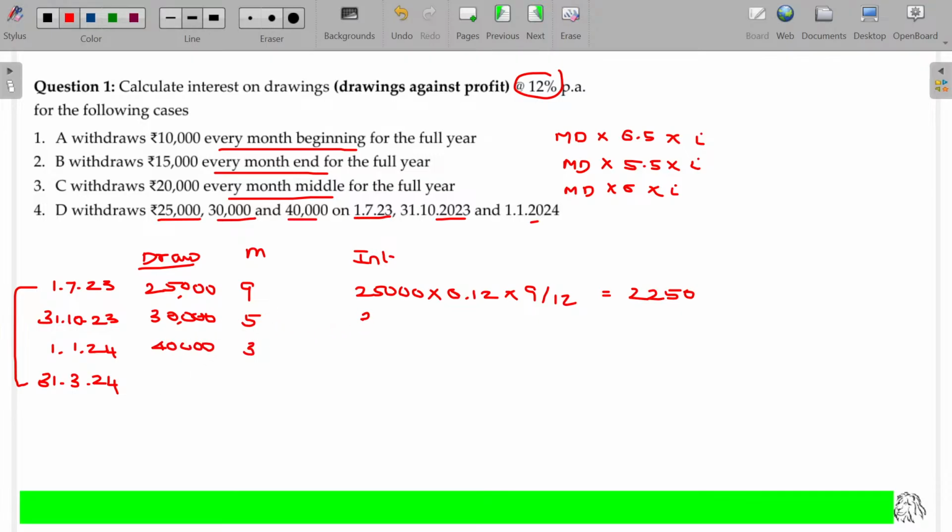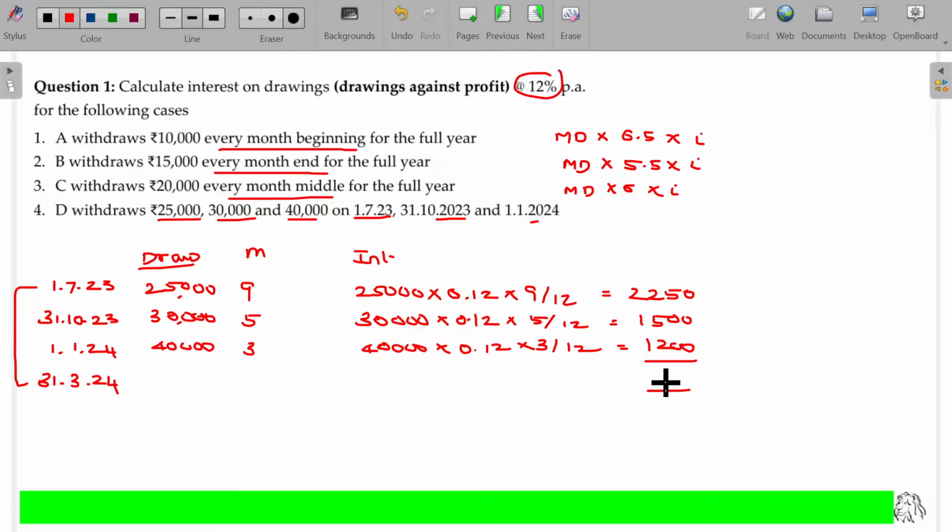And for this 30,000 into 12% for how many months? 5 months, 5 by 12. 1,500. Yes, come on, get me the final answer. 40,000 into 0.12 into how many months? 3 months, 3 by 12. 1,200. What is the final value? 4,950. This is called direct method.